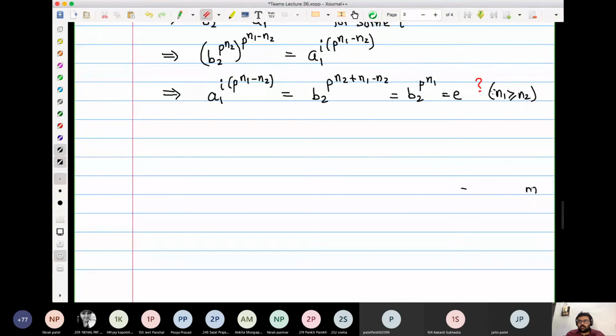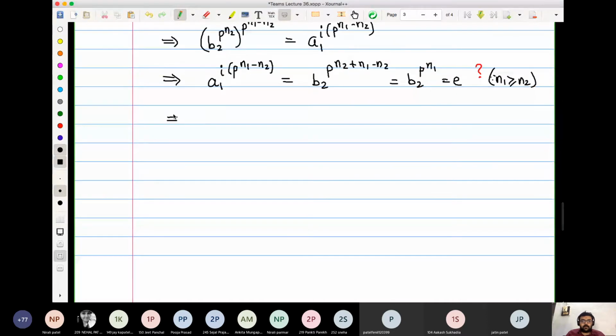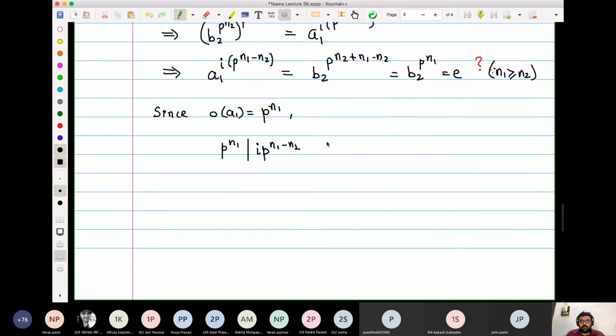So we have the relation here also. Therefore, since order of A1 is P power N1, we can say that P power N1 divides I times P power N1 minus N2.